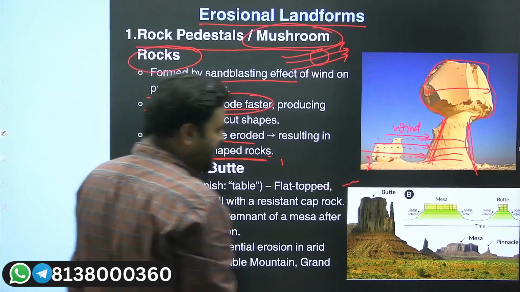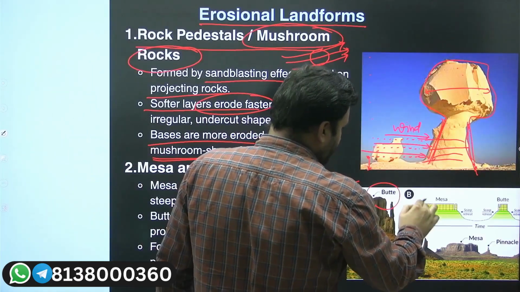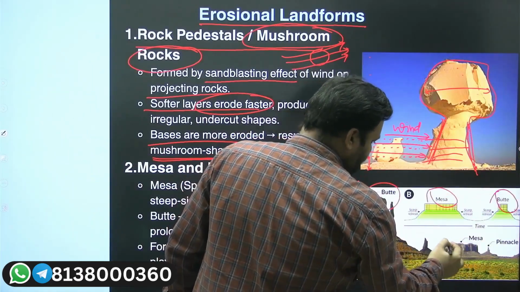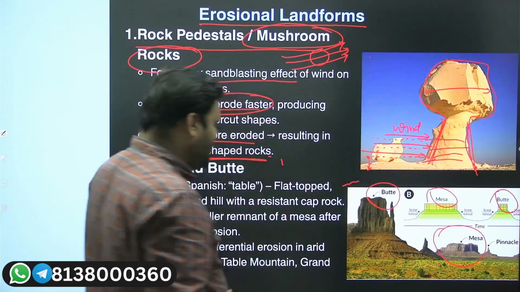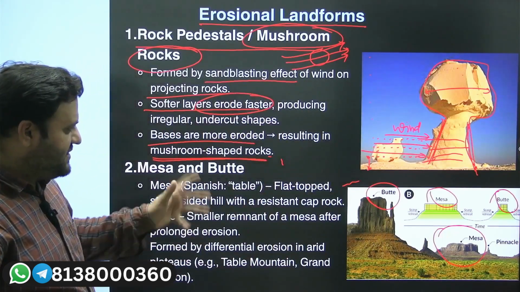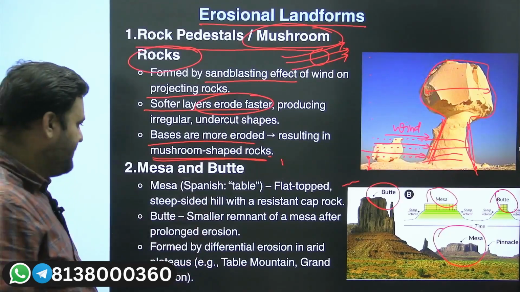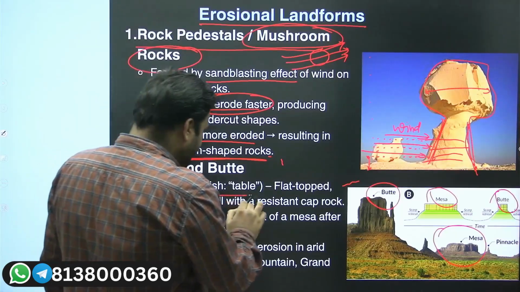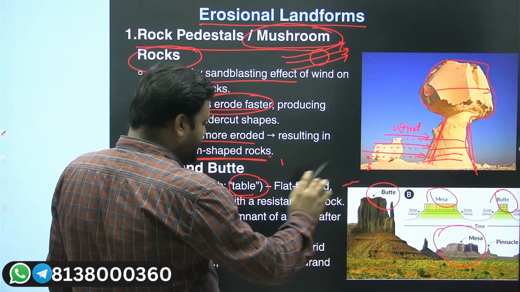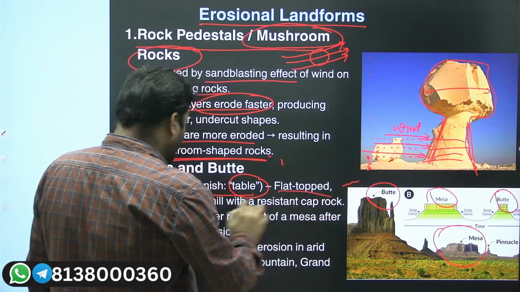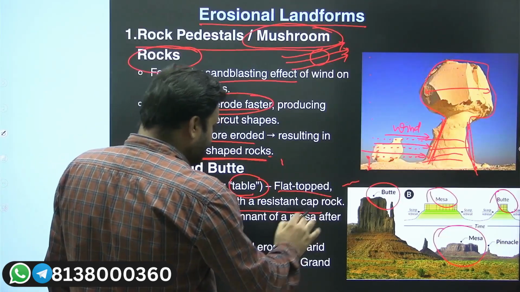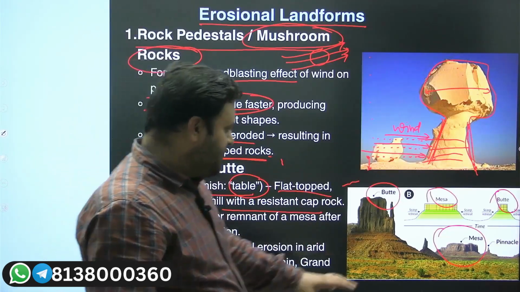Then here you will see mesa and butte. Now, what is a mesa first of all? Mesa is actually a table. Mesa means flat top table. So we have a flat top, steep sided hill with a resistant cap rock.